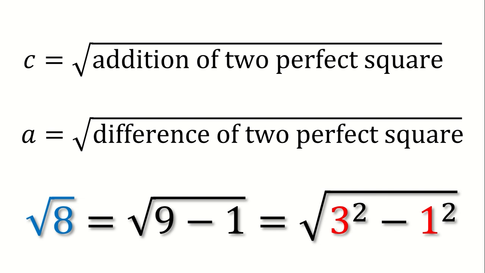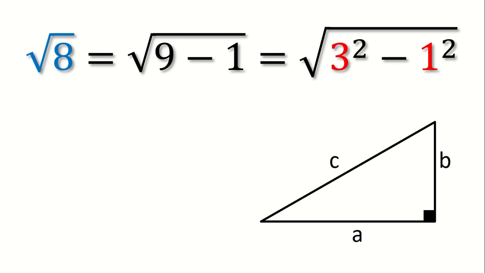So let's go back to the Pythagorean theorem. Here we have radical 8 is equal to the square root of 3 squared minus 1 squared. We can simply replace radical 8 as A and 3 as C and 1 as B.